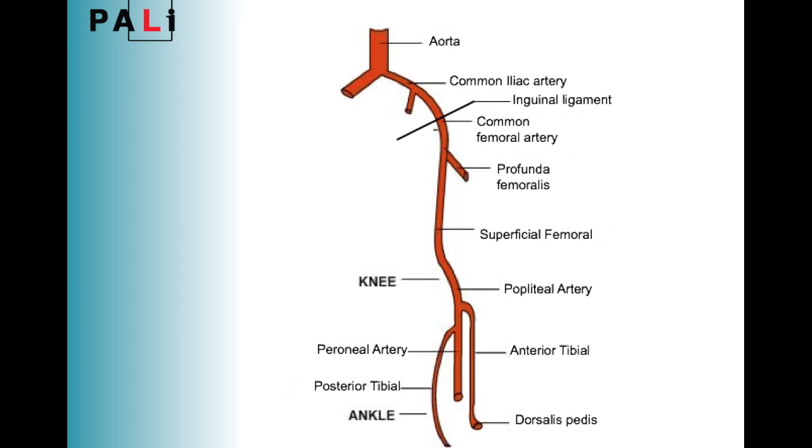The atherosclerotic plaques typically arise at different levels, and the bifurcations of the major arteries are typically where they arise. So this can be the aortic and iliac vessels, or at the bifurcation of the common femoral artery, and also the popliteal artery into the lower leg arteries.